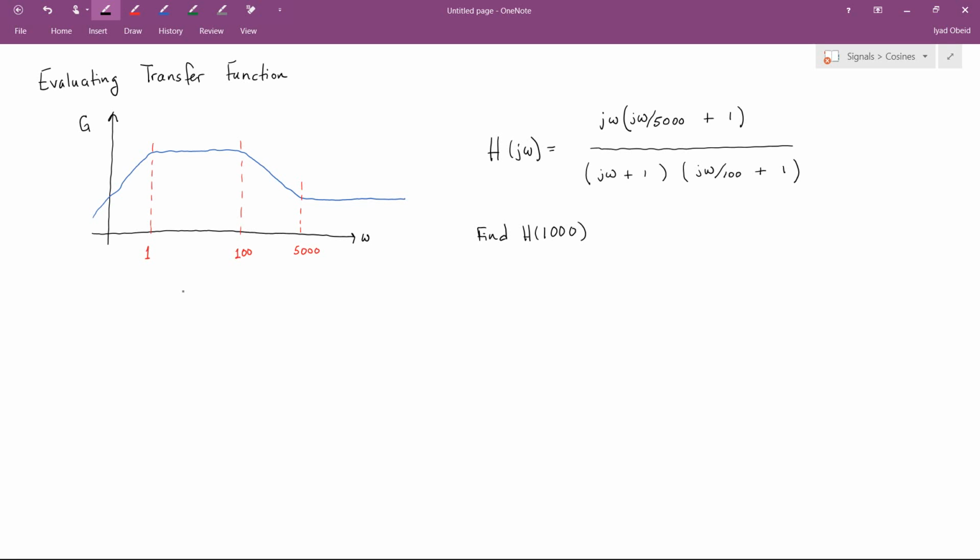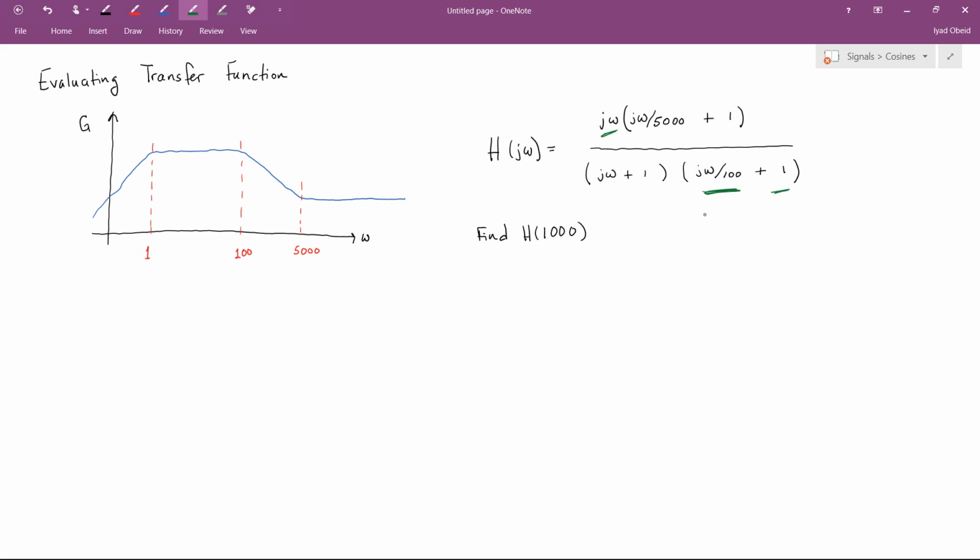So what I'd like to do is to discuss how to evaluate H of 1,000, but I'd also like to talk about how to do it intuitively, not just how to do it numerically. We'll do it both ways. The first thing I'd like you to notice is that other than this j omega term in the numerator, every term consists of a j omega term and a 1.